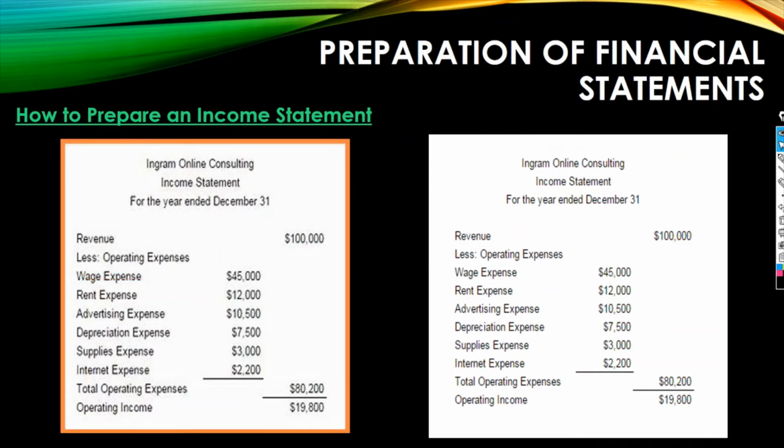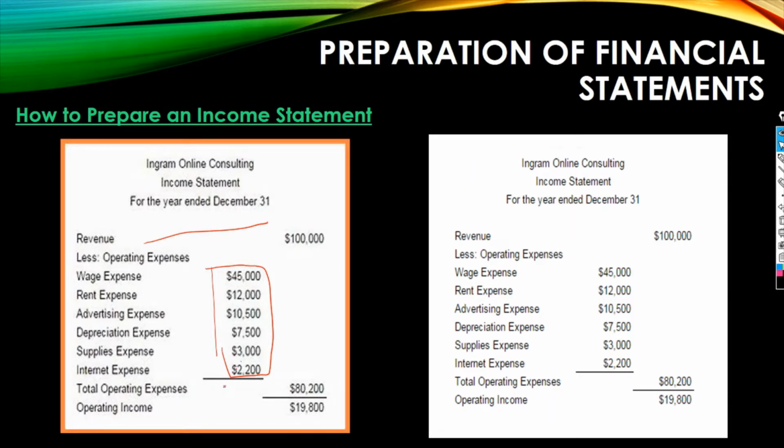our focus for this semester, which is to prepare an income statement or financial statements for a service concern. Okay? So for a service concern, of course, we have revenue. And then we list all the operating expenses. Lay down the list of the expenses, then you total this one.